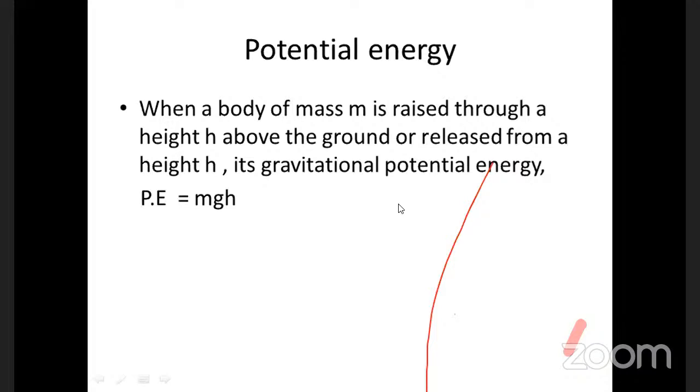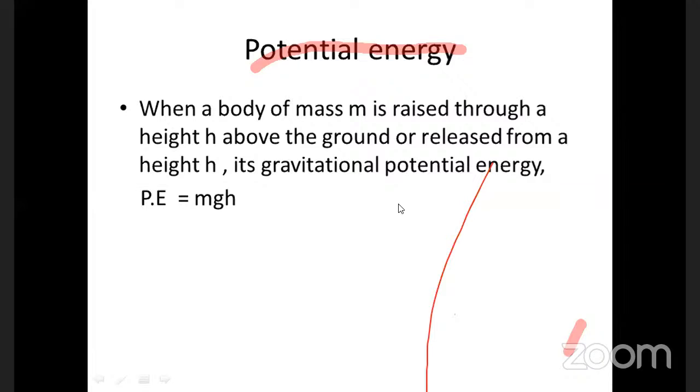So our potential energy can be calculated by multiplying the mass of that body by the acceleration due to gravity, and then by the height. This body may be raised to a certain height, or released to fall from a certain height.